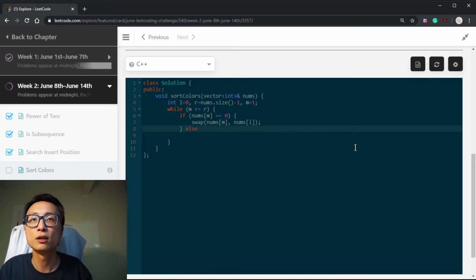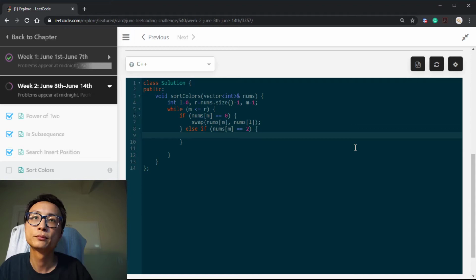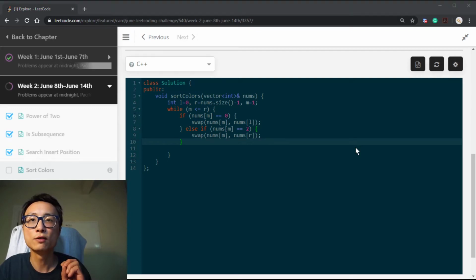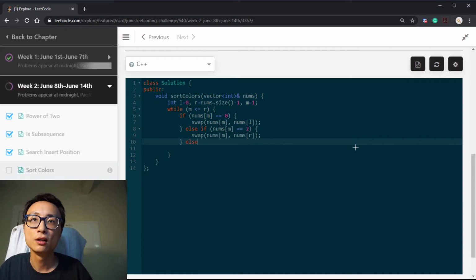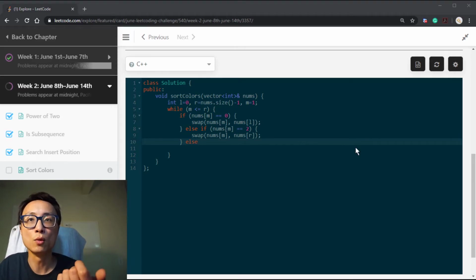Let's just get the main logic up first. So the 2 swaps: if it's 0, swap with left. If it's 2, swap with the right-hand side. Anything in this else clause means we are looking at the 1. So if it's a 1, we advance to the next position.